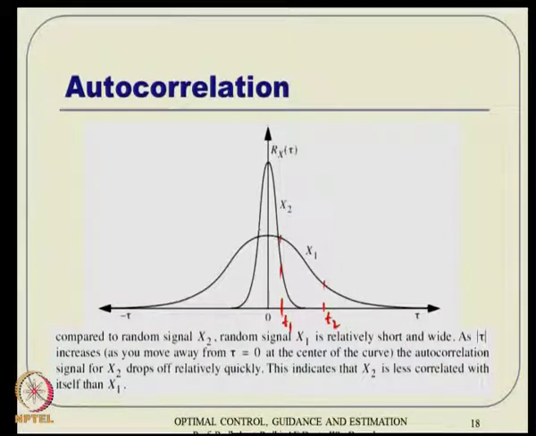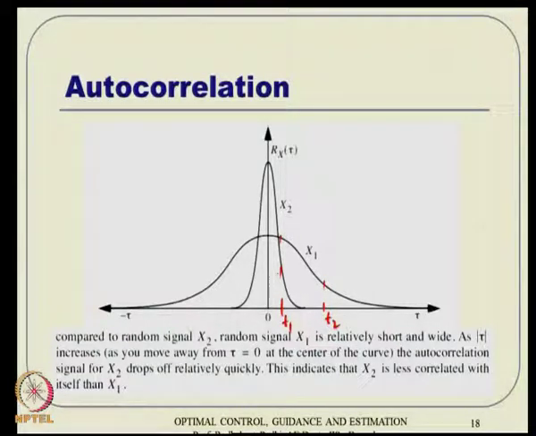So, this picture tells us that x2 is less correlated with itself than x1 actually. x1 is more correlated to itself, because even if the difference between t1 and t2 becomes wider and wider, the numbers do not go to 0 very quickly basically, because this will still turn out to be some positive number, which is non-zero basically. That is the reason.